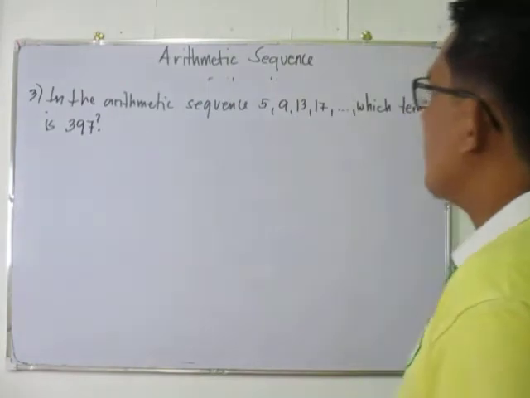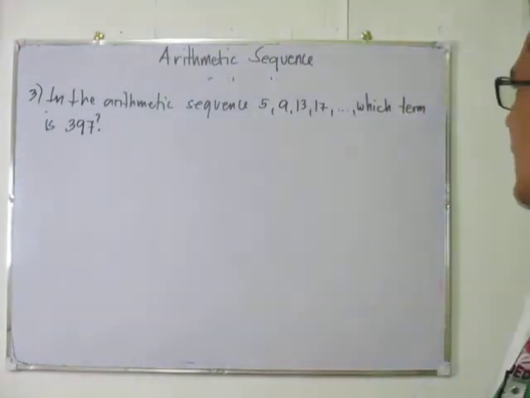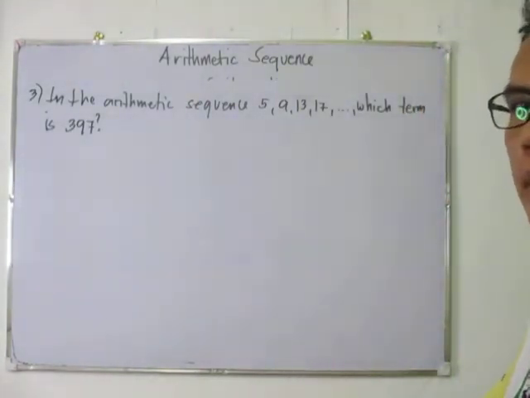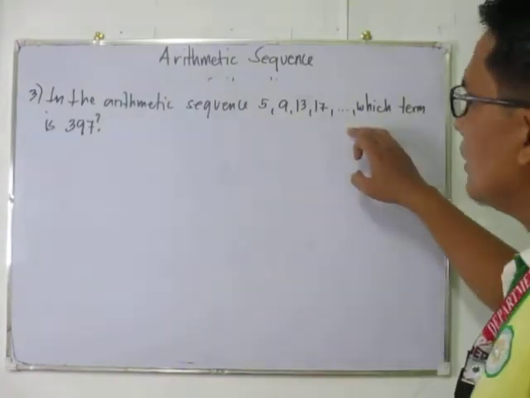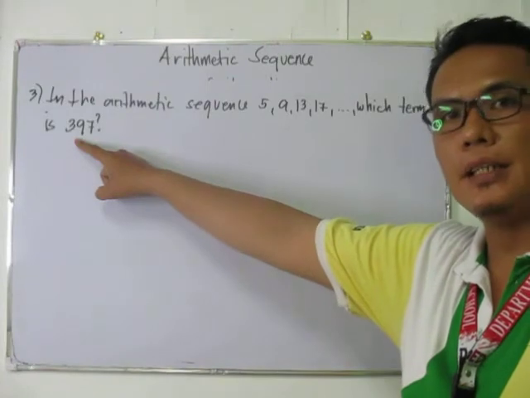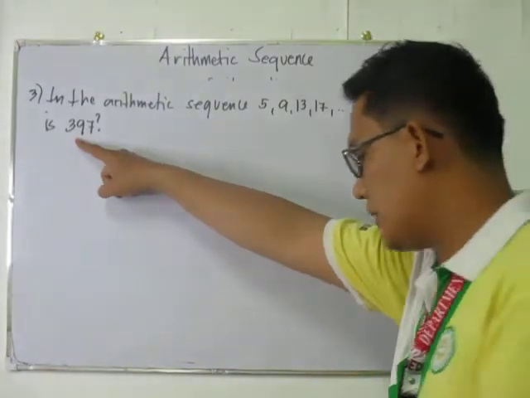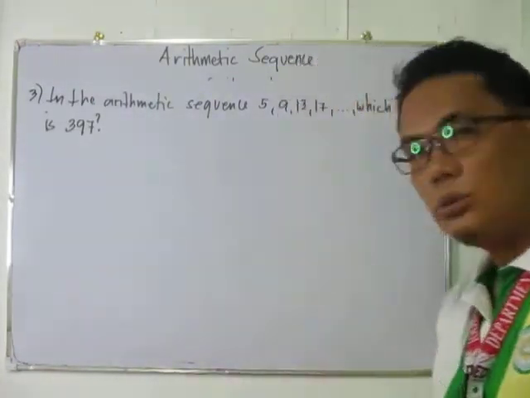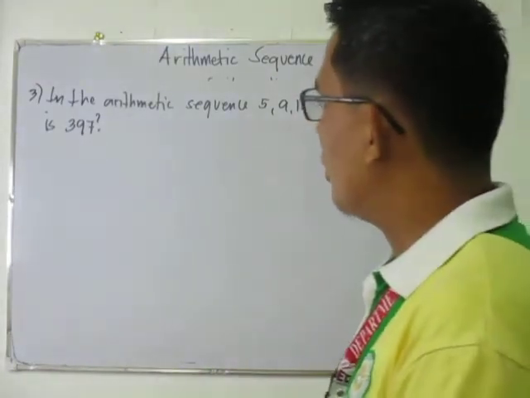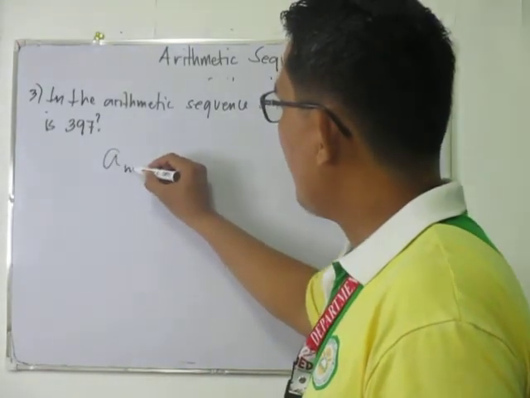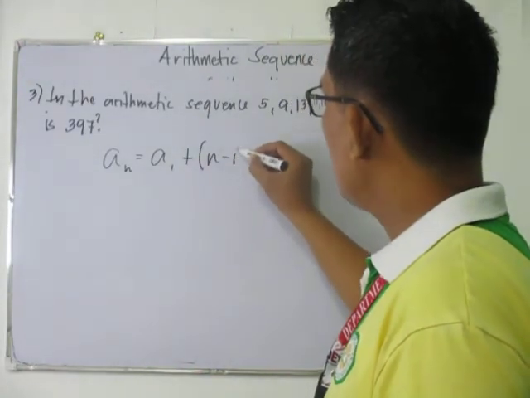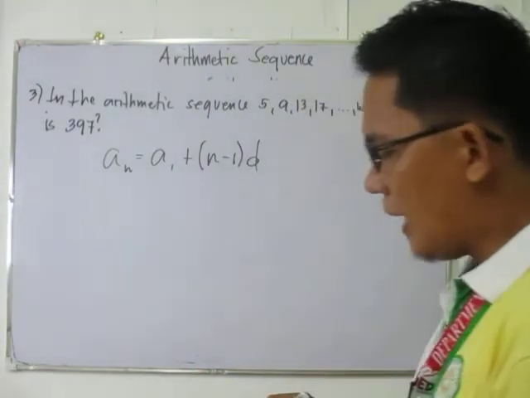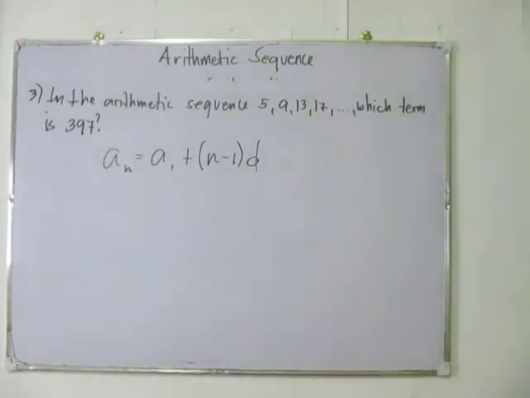In the arithmetic sequence 5, 9, 13, 17, which term is 397? Somewhere in the sequence, we have a term that is 397. What we're going to do is again use our formula. Again, our formula is a sub n is equal to a sub 1 plus (n minus 1) times our common difference.